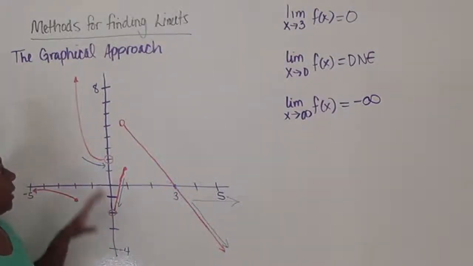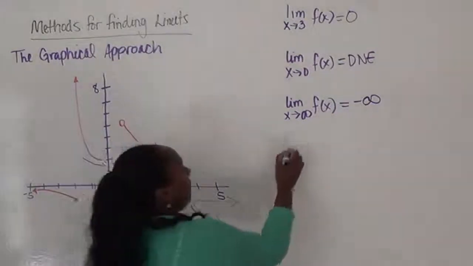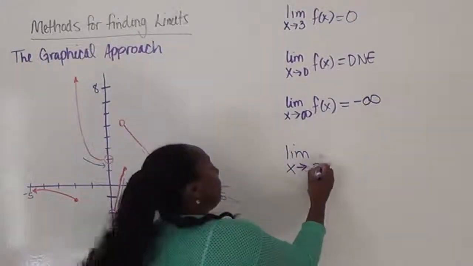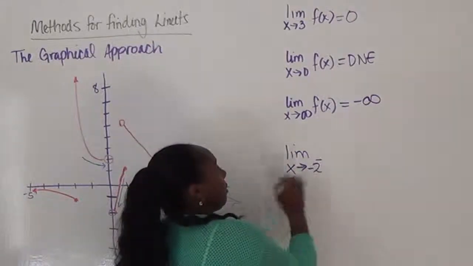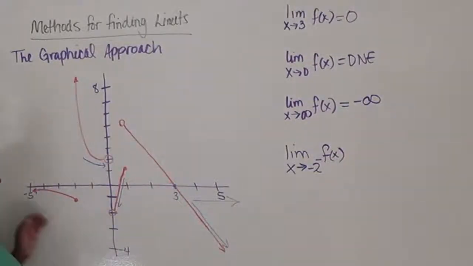And we can look at different values on this graph and determine the limits. Both the one-sided limits and the two-sided limits. So for example, if we look at the limit as x approaches -2 from the left, we can see coming in from the left, the function is decreasing and the values are getting closer and closer to -1.